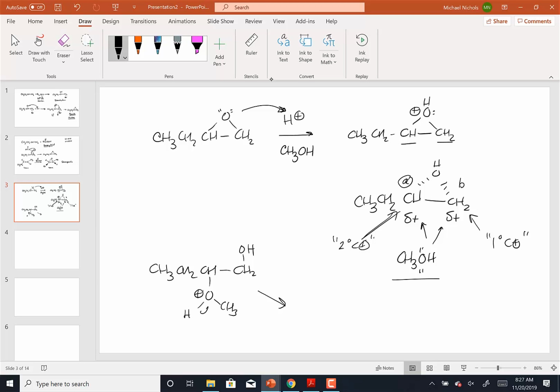We lose the H plus from the methanol, and that makes the H plus the catalyst for the reaction, and the OCH3 and the OH now added 100% trans in the reaction.